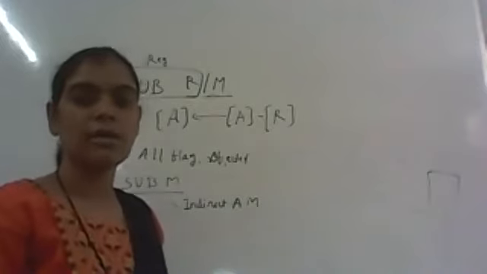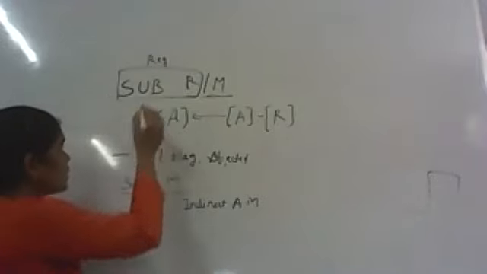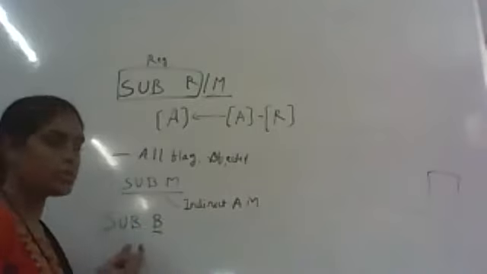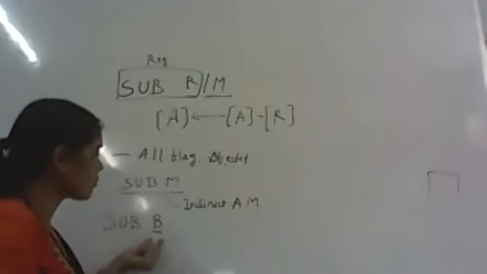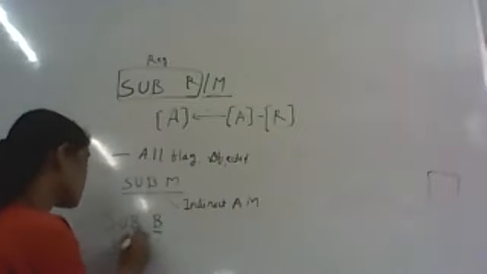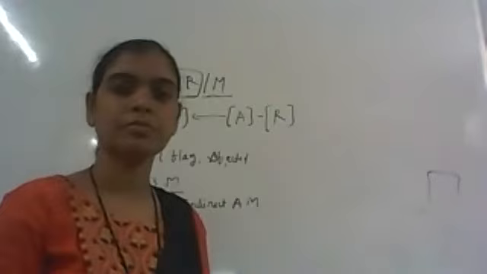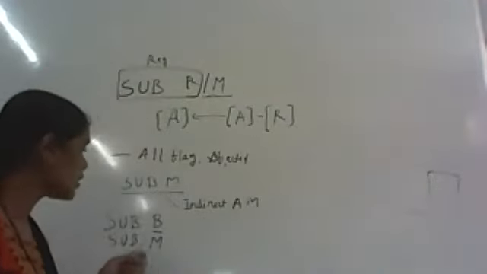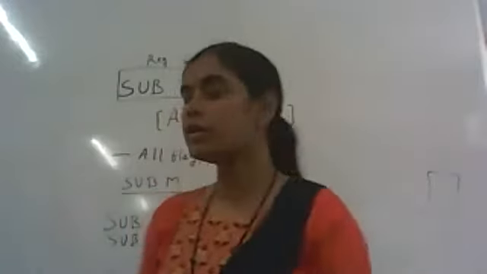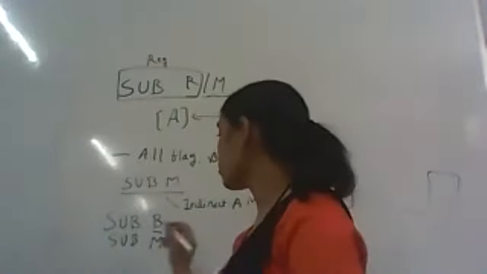Okay, see the example here, that is SUB B, the content of register B. In this instruction, the content of register B is subtracted from the content of the accumulator.